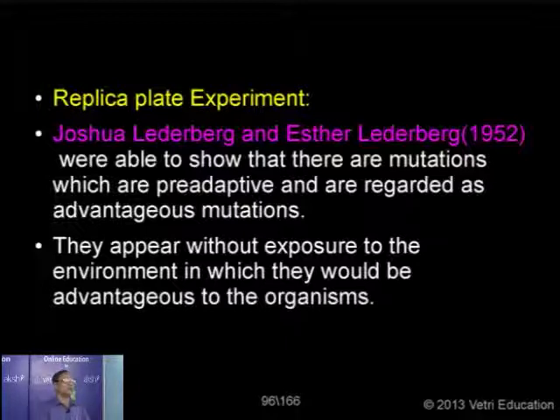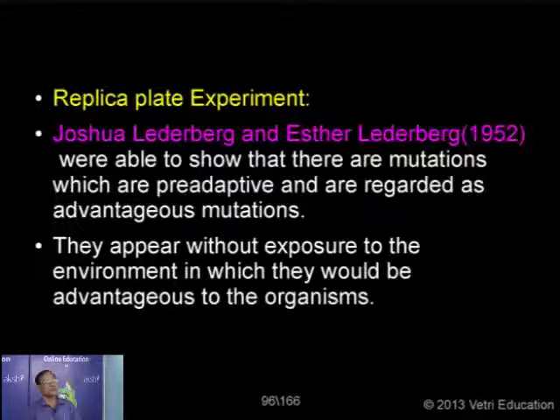Now, what are the basic principles of this? They were able to show that there are mutations considered as pre-adaptive, and such mutations are regarded as advantageous because they provide adaptation and advantage to the organism.